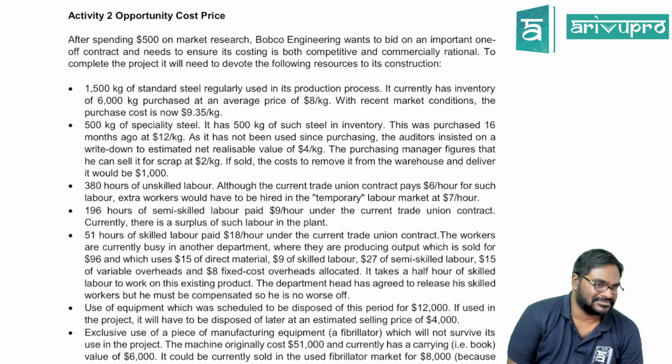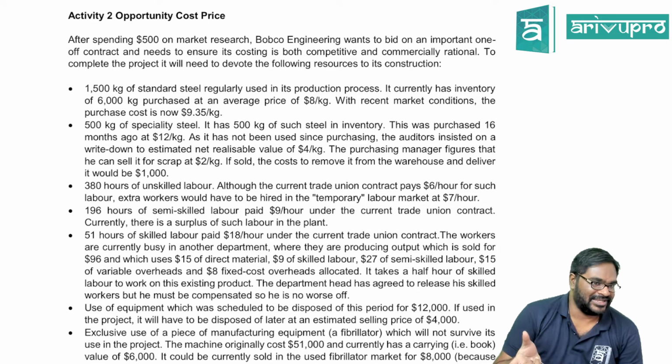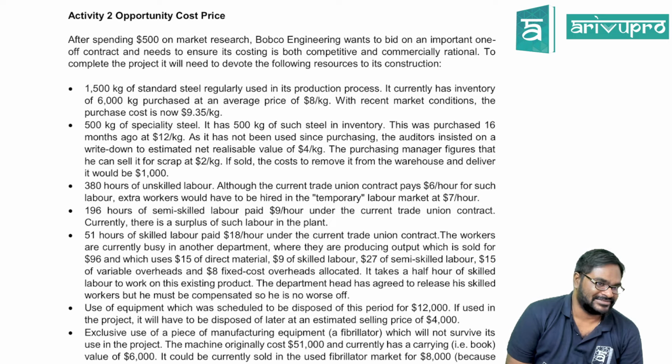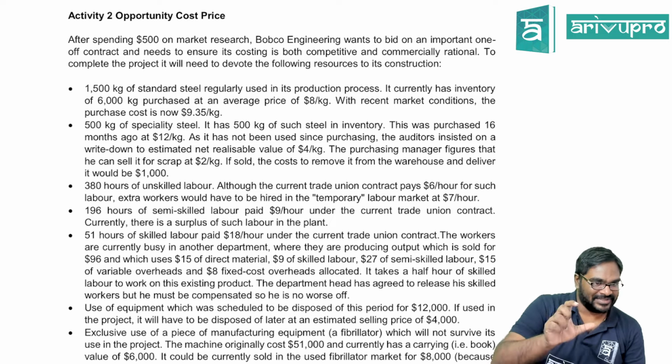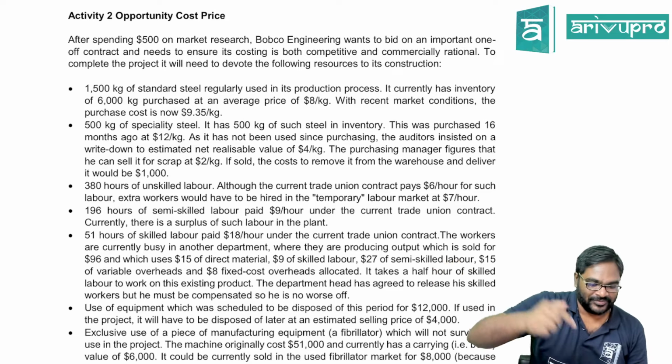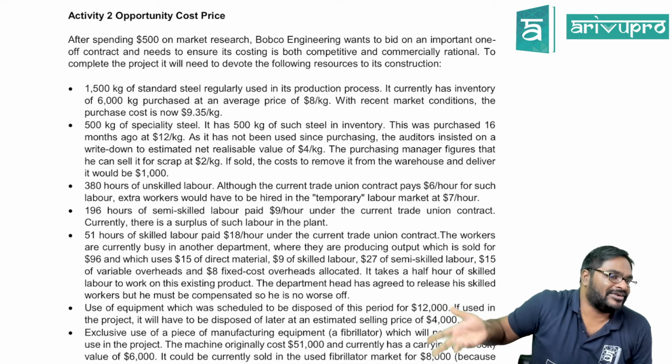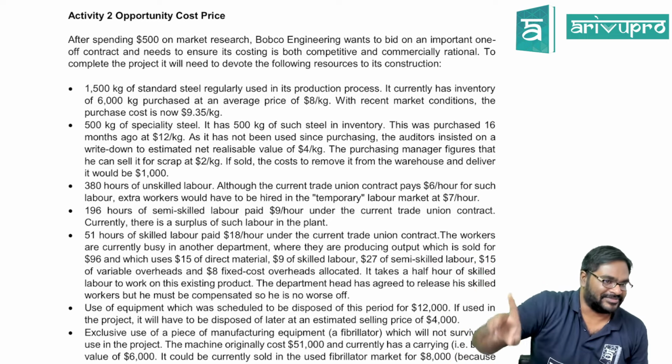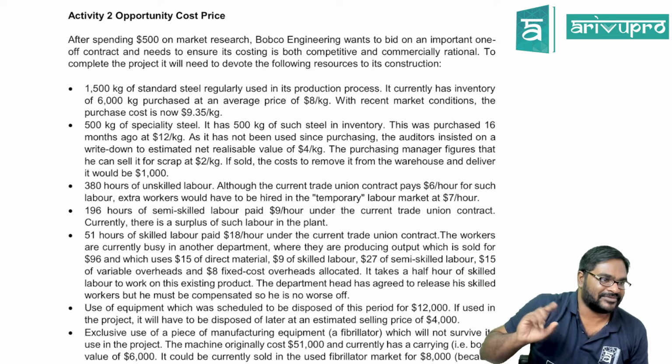The opportunity cost would be higher. You are trying to compare the scrap value and the NRV. In this case, NRV is an accounting figure, not the actual NRV. Because NRV is the price at which we can sell in the market, right? But we are saying what we can sell is only $2. So that means this $4 is an auditor's estimation, not the actual market price that we can sell.